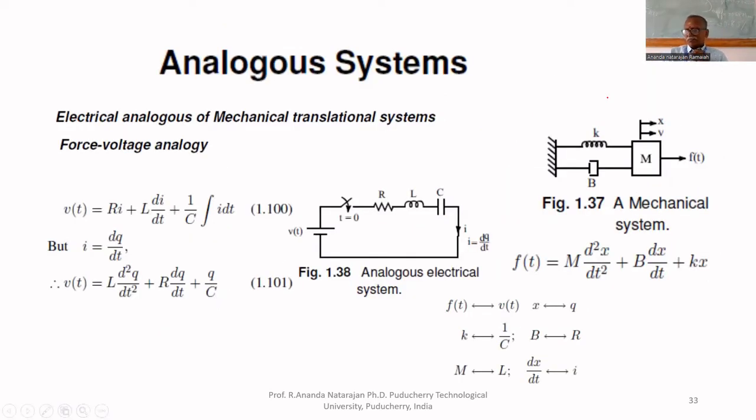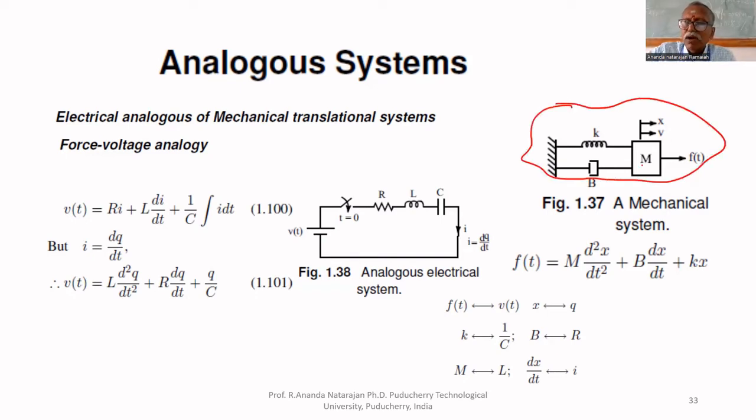Analogous systems. For a mechanical system, we can find an electrical analogous system. Electrical analogous system means the differential equation governing the systems for electrical as well as mechanical are identical. What is the mathematical model of this given mechanical system?